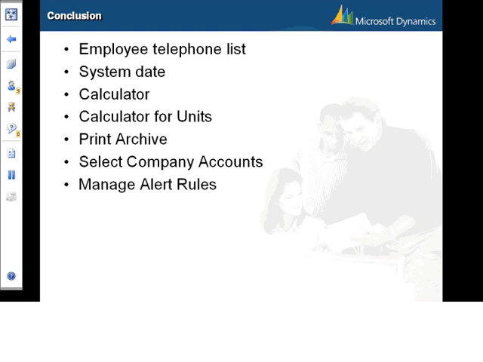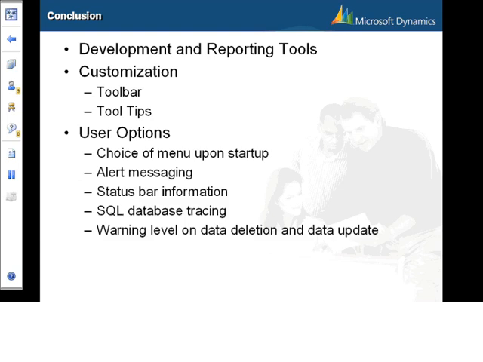Basic user settings such as which menus open upon starting Microsoft Dynamics AX, default company account and language, default info log message, tab behavior and mouse click preferences, how alerts are sent, how to customize the Microsoft Dynamics AX status bar, how to set the default fonts used in reports, forms, and properties, setting up SQL database tracing options, determining warning levels on data deletion and data update, how frequently accessed tables can be set up to preload static data for quicker viewing, how to view and delete saved user selections that are typically used, and the process to make sure that best practices guidelines are used.